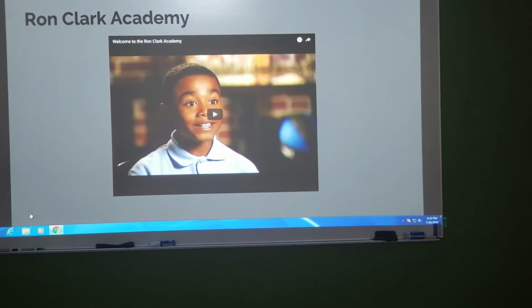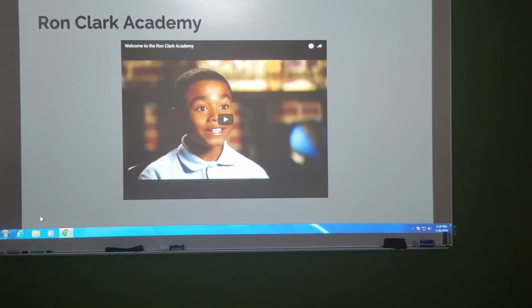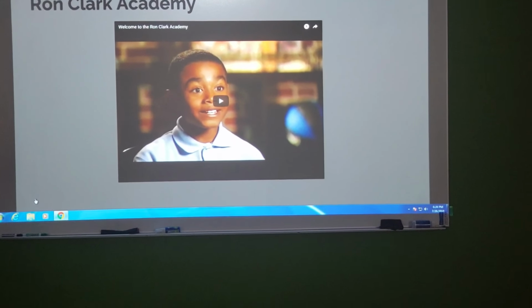We have to be able to form relationships with all students in order to engage them in the way we present our instructional lessons.